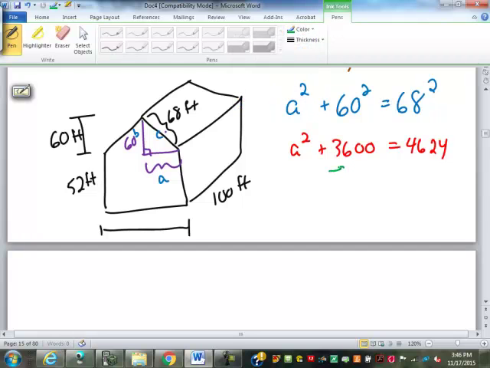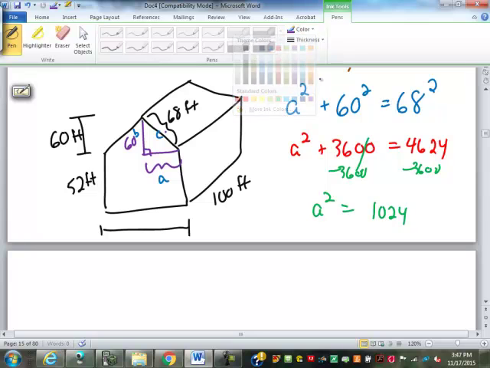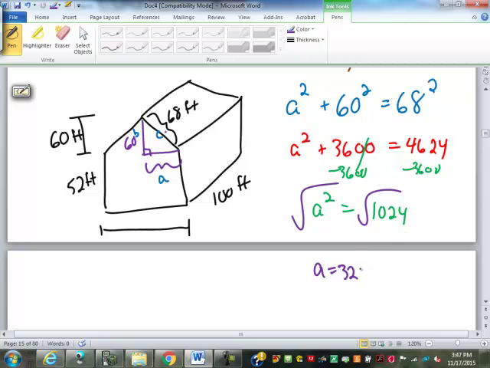We will subtract the 3600. A squared equals 1024. And we square root that to get that A is 32. So A is 32 feet. So if that's 32 feet here, that means this is 64 feet because there's one there and one there.